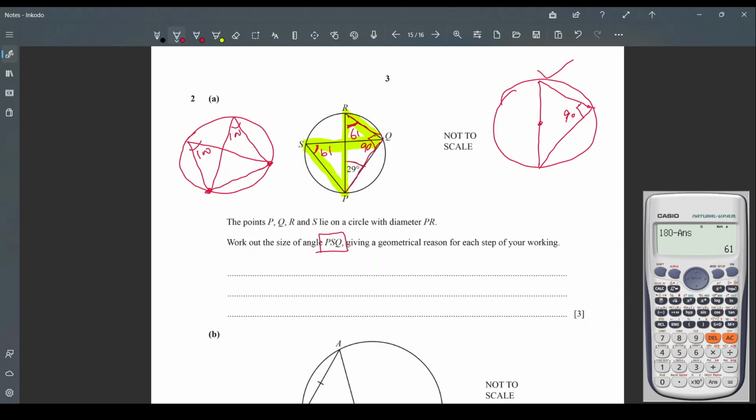PSQ is 61 degree. So first we will write angle PRQ is equals to 61.